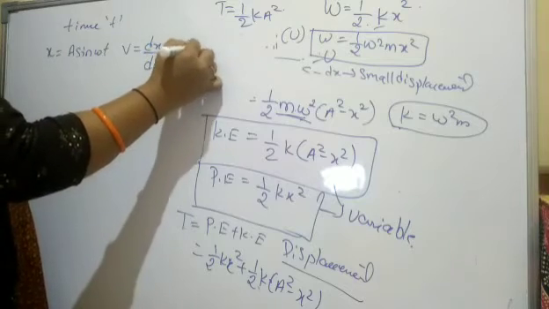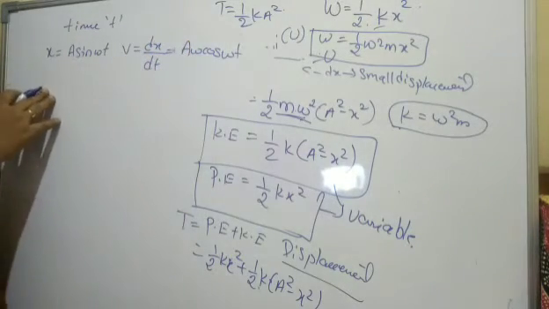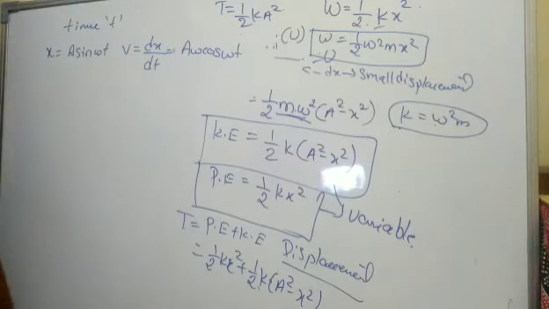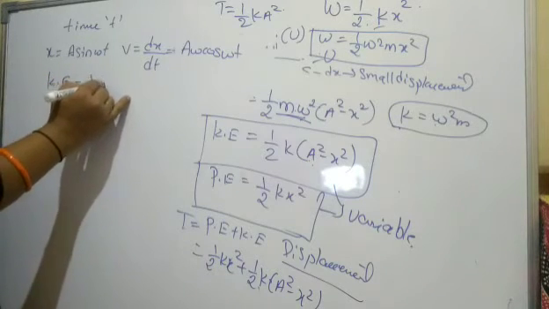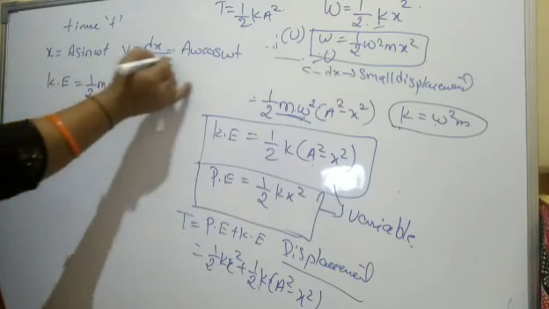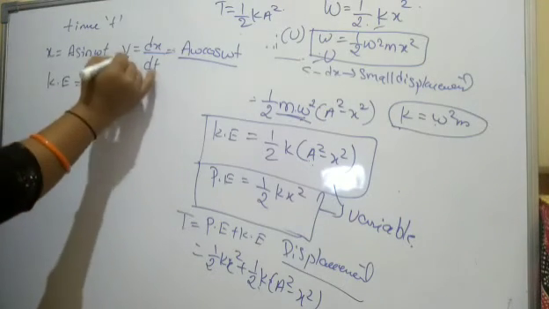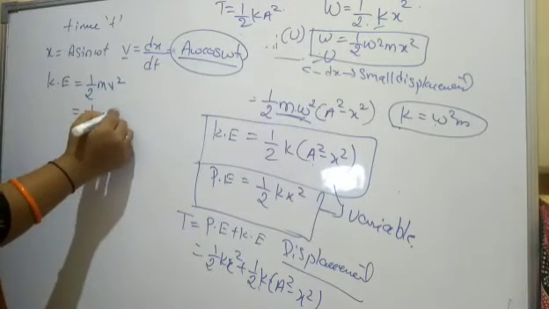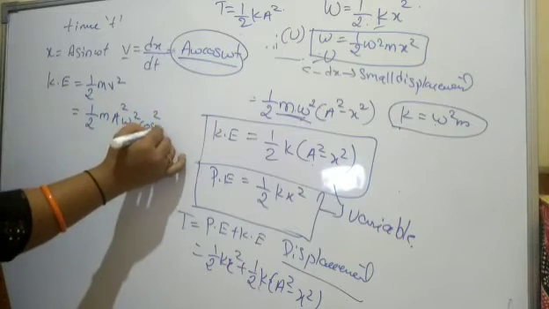So a omega cos omega t here. Next, kinetic energy. The simple form of kinetic energy is half m v square here. V value we got it here. Just substitute 1 by 2 m. V square is what here? A square omega square cos square omega t.